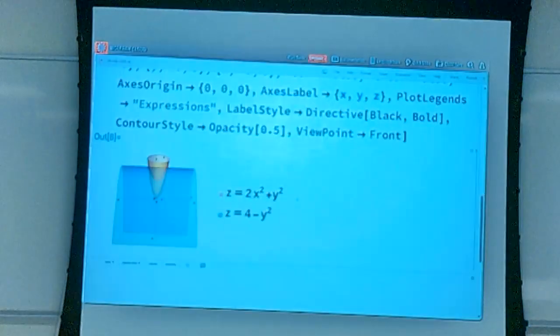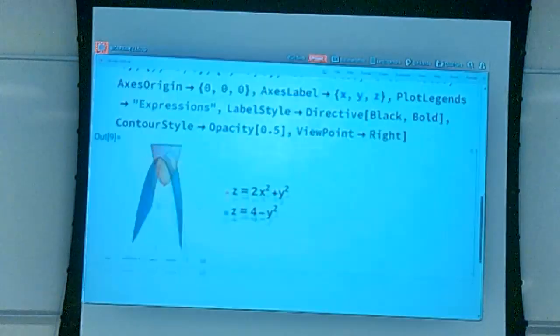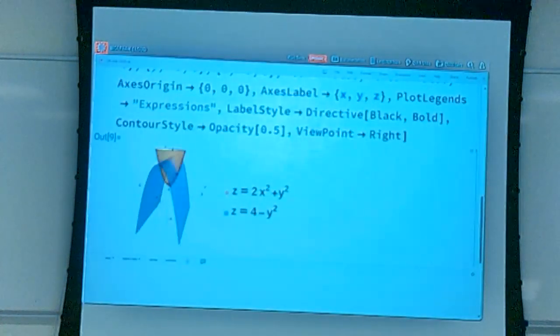It treats y as depth and not x. So viewpoint right would be looking straight down the x-axis. And then from here I can just rotate it as needed. And that's typically what I do. I choose my viewpoint to be the right and just rotate it as needed.